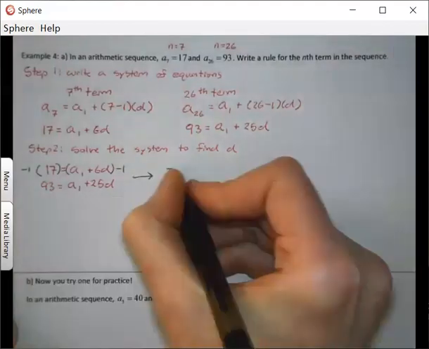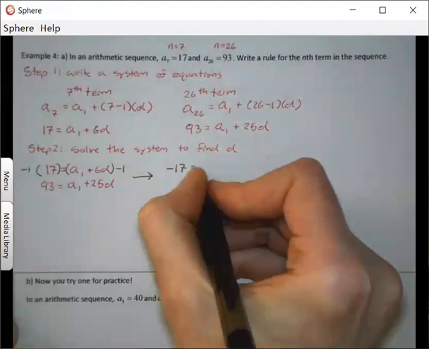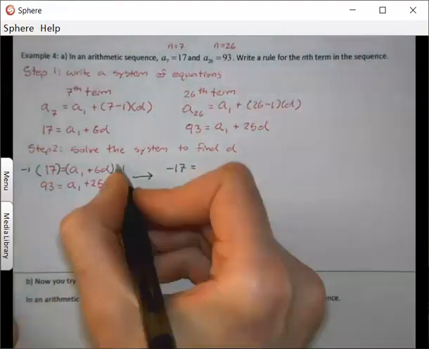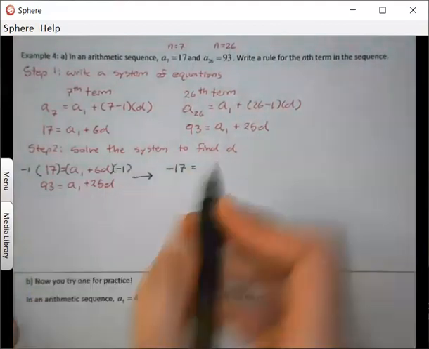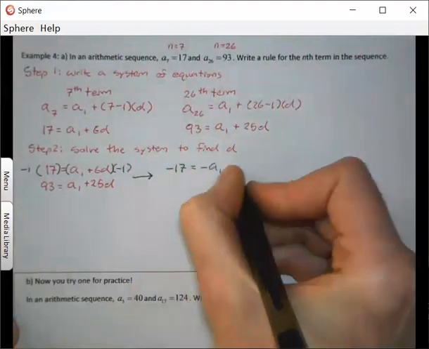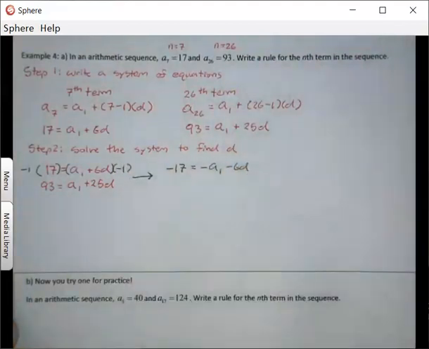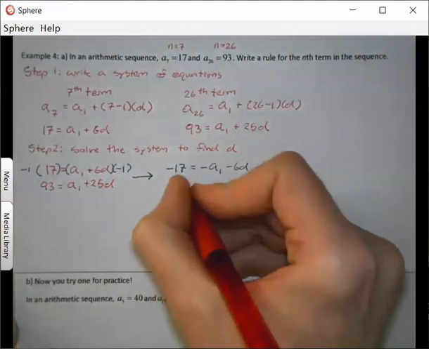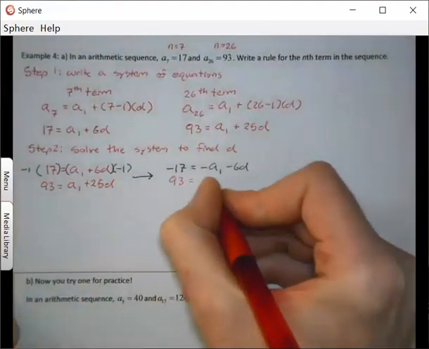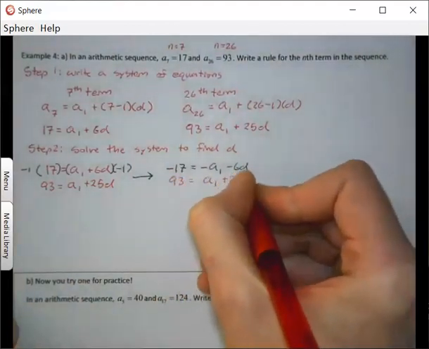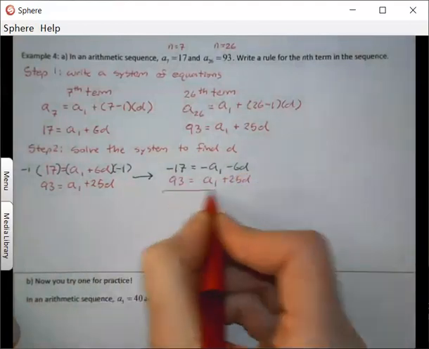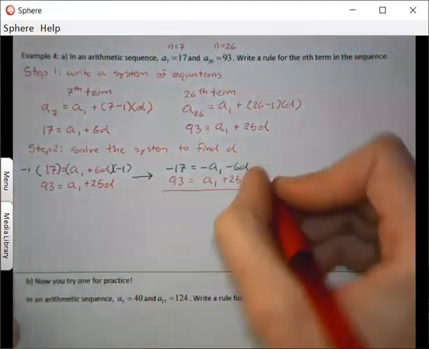So left with minus 17 is equal to, I'm going to distribute, minus a sub 1 minus 6d. I'm not going to change the bottom at all. 93 is equal to a sub 1 plus 25d. And then I'm going to add these together.